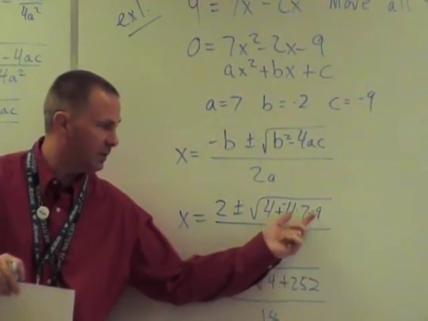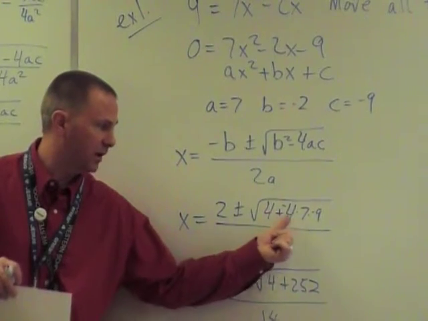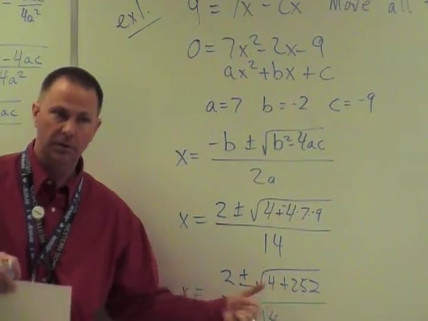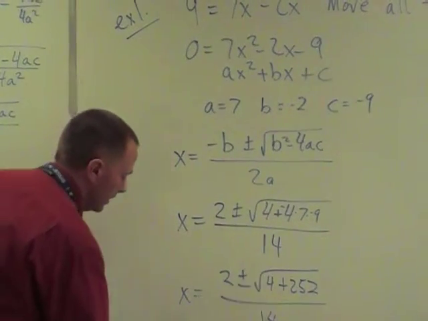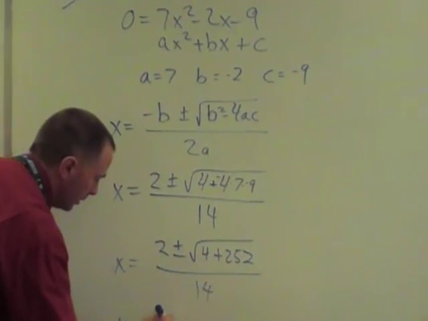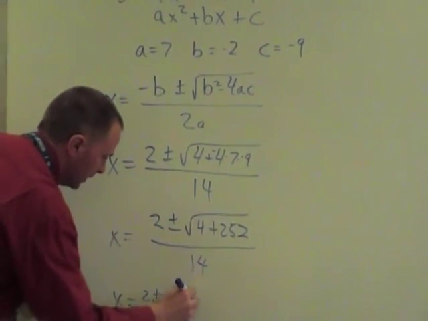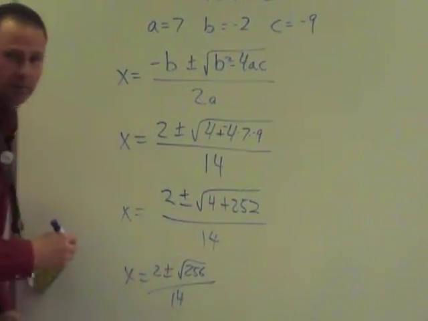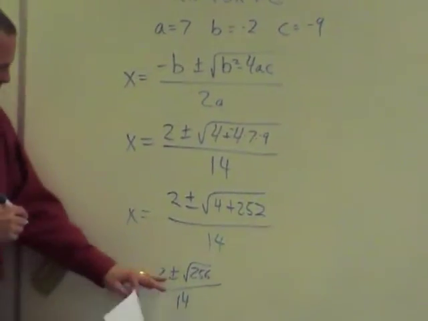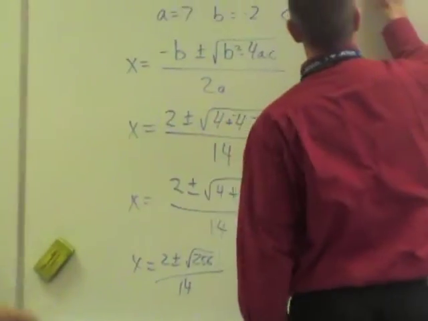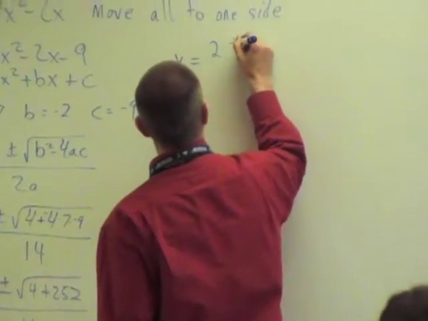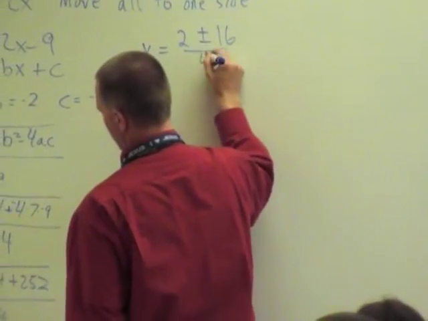Remember, negative times a negative is a positive, so I know this is going to be 4 plus 252. It's 256. And the square root of 256 is 16. So now you have x equal to 2 plus or minus 16 over 14.